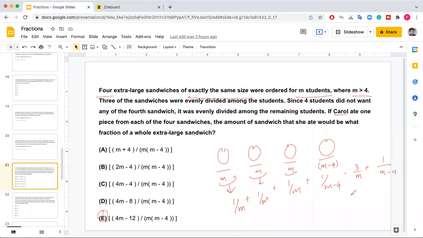Just take the LCM, and this will be m into m minus 4, with 3 into m minus 4 plus 1 into m. So this will be 4m minus 12 divided by m into m minus 4, which is exactly E.